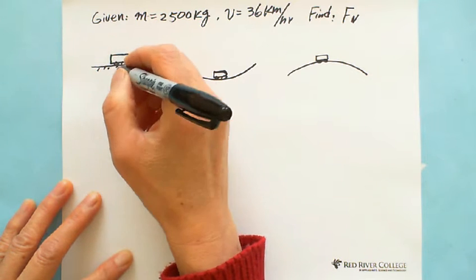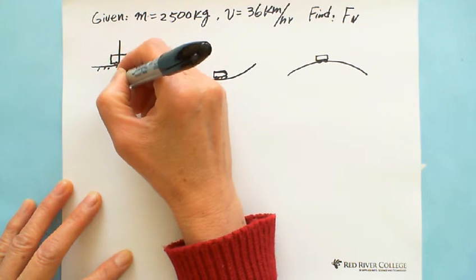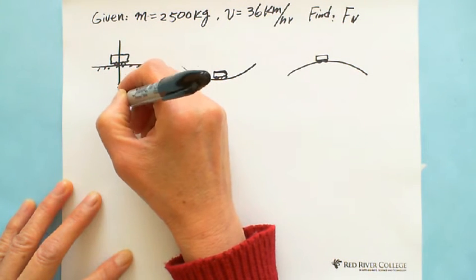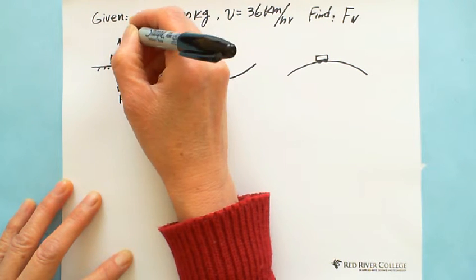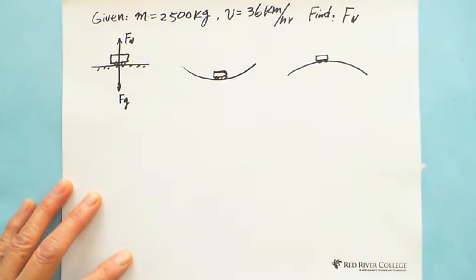In this situation, because it's a flat road, the gravity and the normal force are the same.